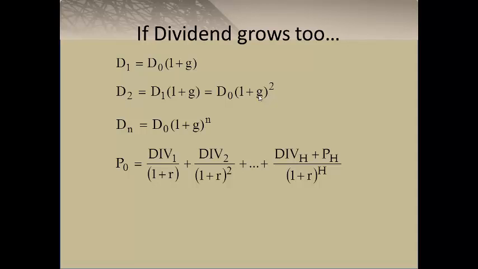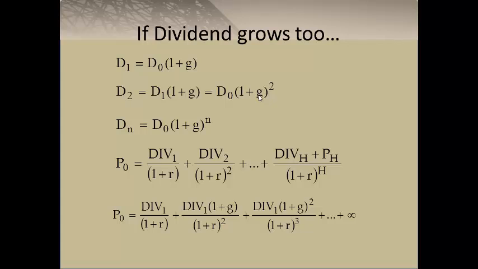And assuming we sold the stock at the hth period, Ph divided by 1 plus r to the power h. Assuming we didn't sell the stock, like in the previous model, then there is no Ph.